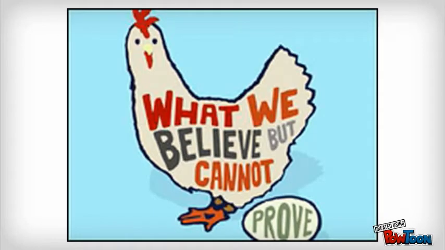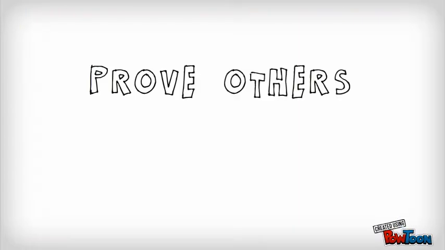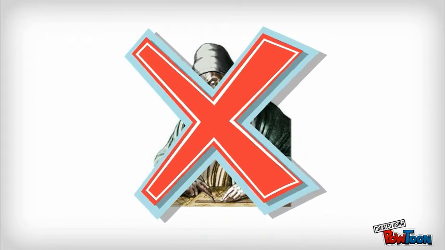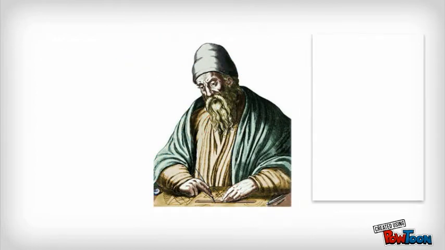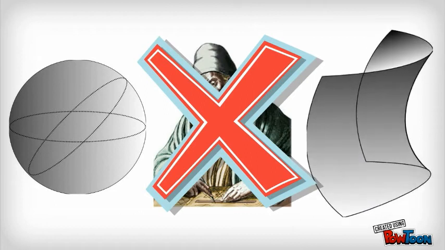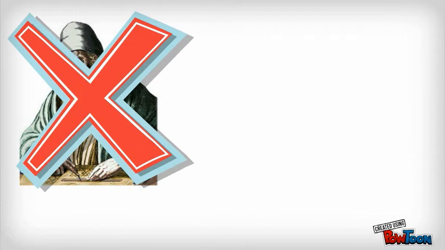But these 4 postulates do not define all of geometry because some people just want to prove others wrong, hence discovering non-Euclidean geometry. Euclidean geometry is simply geometry on a flat surface, whereas non-Euclidean geometry is a study of surfaces that are not flat. Non-Euclidean geometry is based on postulates and axioms that are different than those of Euclid's.